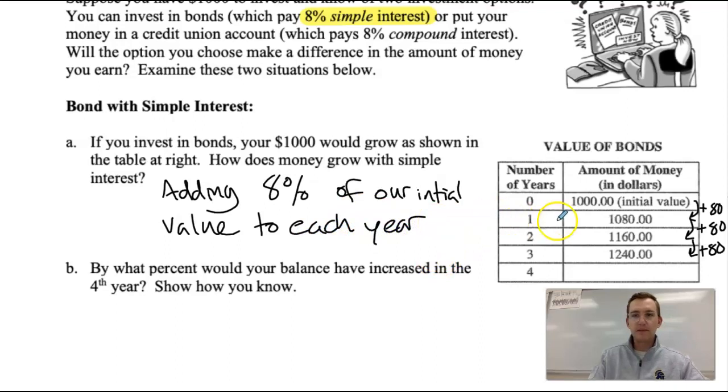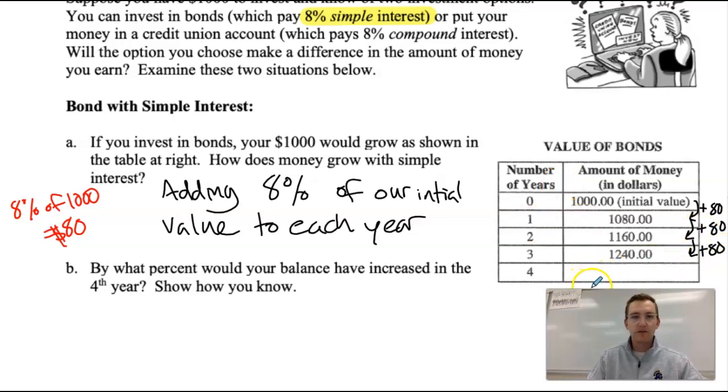Again, we're taking 8% of the initial value because 8% of $1,000 is $80. That's what we are adding every single year as we go forward. So again, very simple growth. We're just adding $80 every single time.